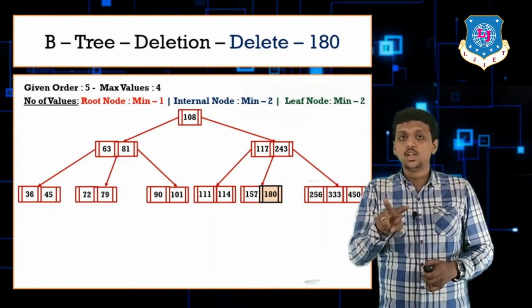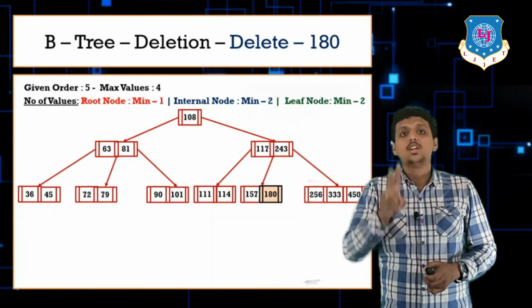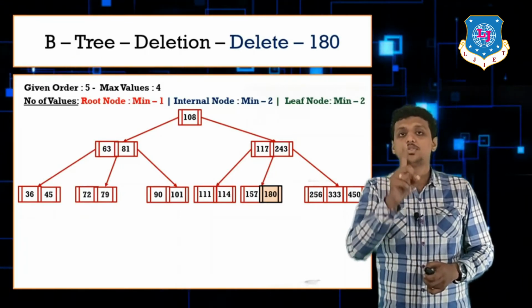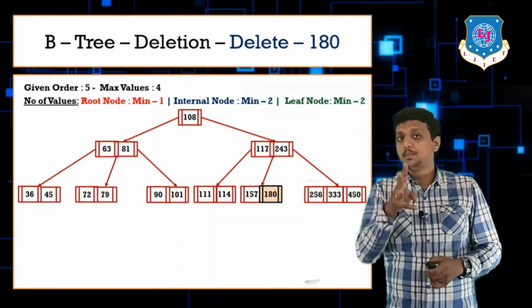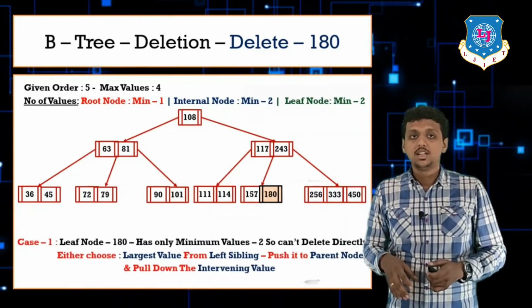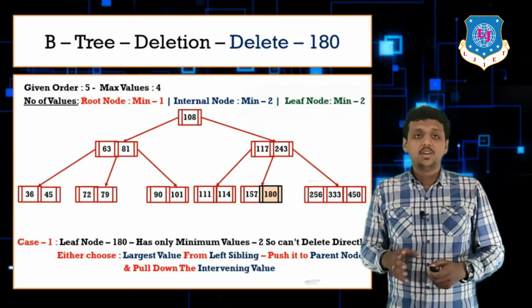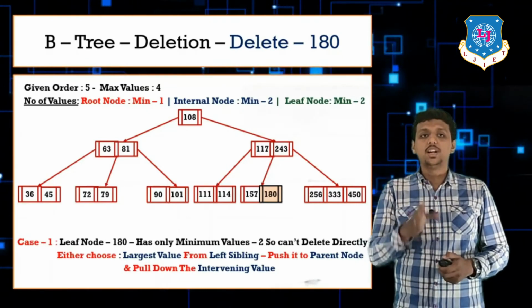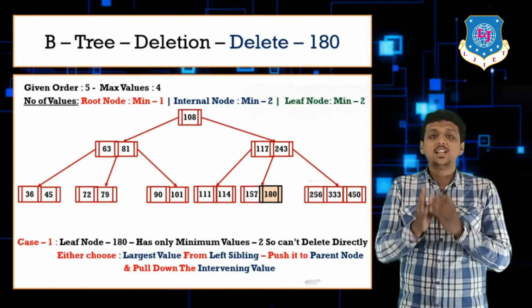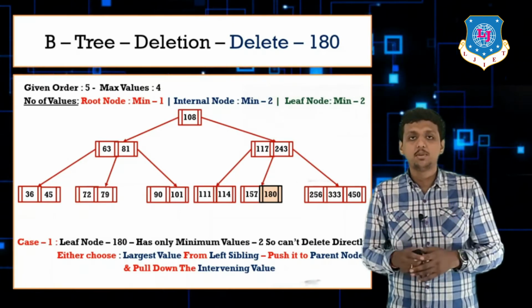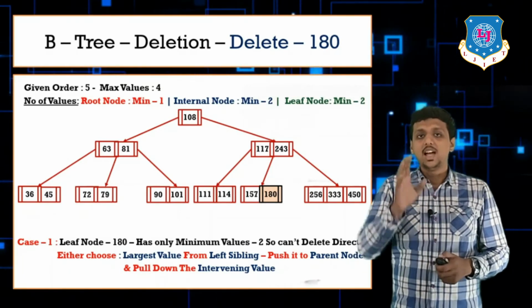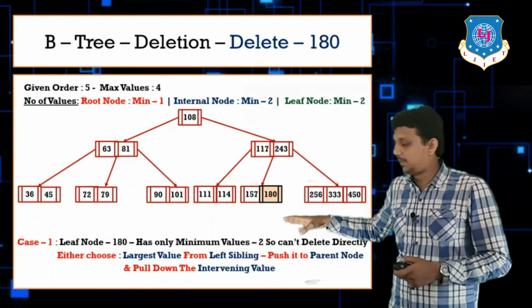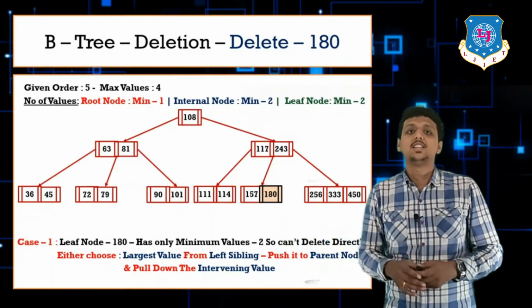So what you need to do is go to the second point of case number 1, where there are 3 points. If you remember, here it is case number 1, where my leaf node 180 does not have more than the minimum number of values. So what I need to do is choose a value from either the left sibling or the right sibling.